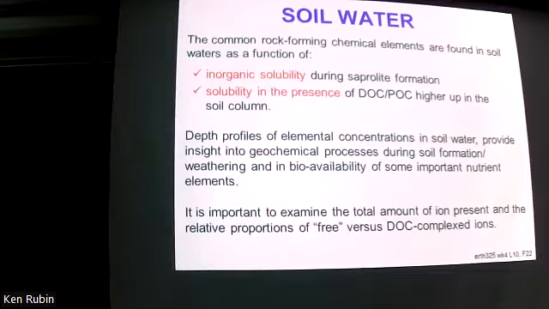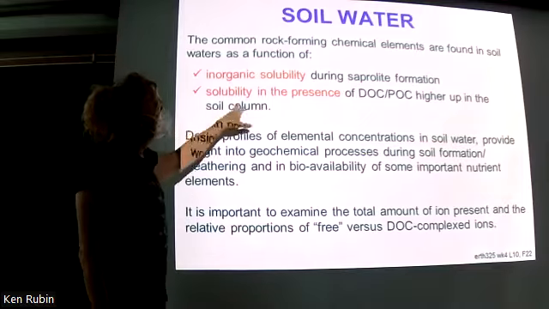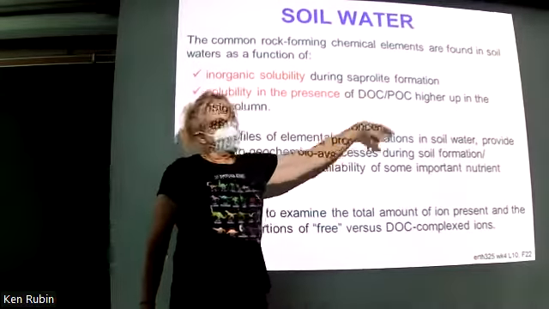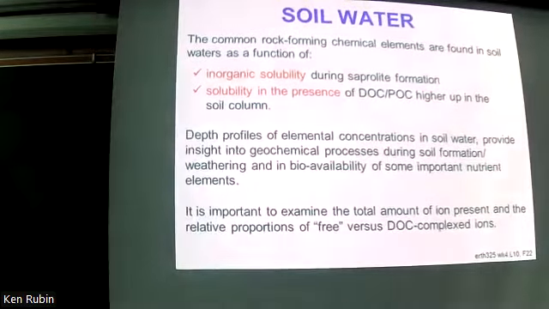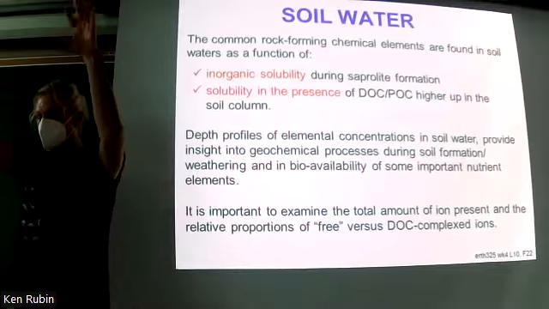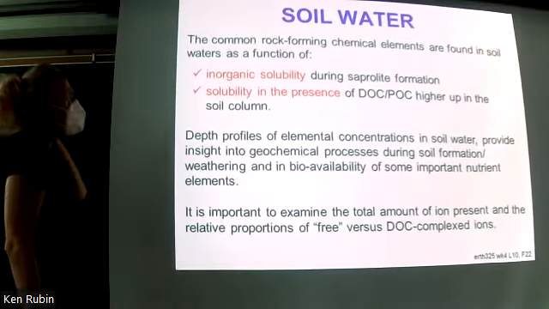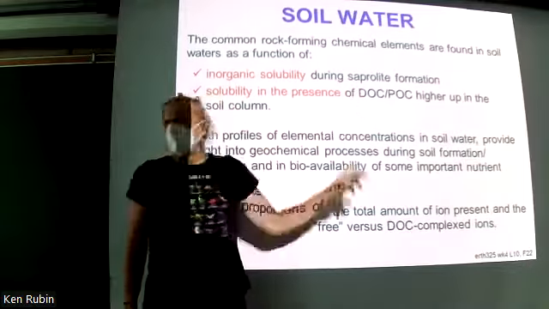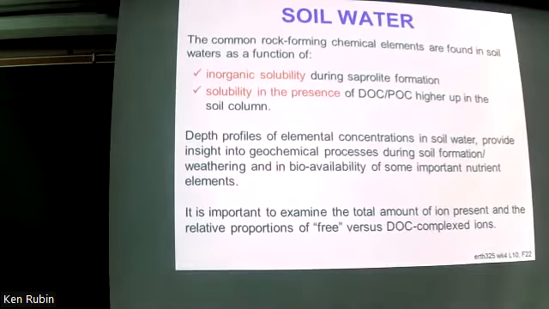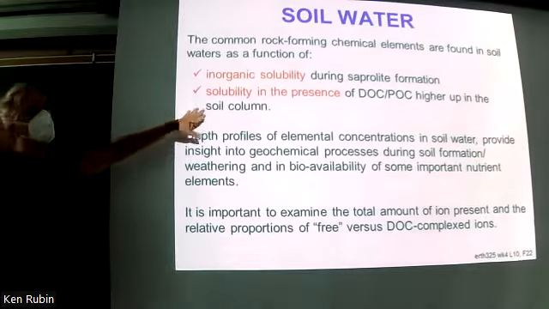See how iron, and I pointed to these before, but iron, which is this really important chemical in soil, part of what gives it that color and everything else, its solubility really changes as a function of the amount of organic matter. Plus all the things that are around it, cobalt and nickel and copper, et cetera, et cetera. So we can see that those elements are going to vary a lot in the soil column. As we go from top to bottom, because of the presence or absence of organic carbon. Whereas the cations, the sodium, the calcium, potassium, magnesium, this stuff doesn't really care about this.